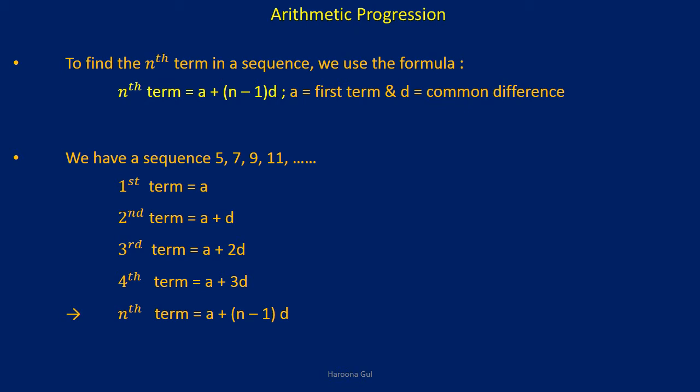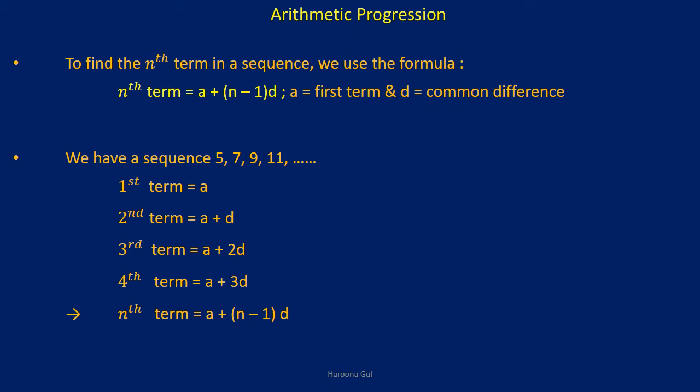How we derive this equation is very interesting. You see, if we have a sequence 5, 7, 9, 11 and so on, that means our first term is equal to a, which is equal to 5. Our second term is equal to a plus d, which is equal to 5 plus 2, which is equal to 7.